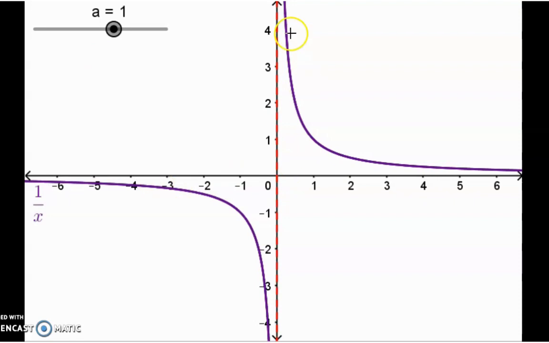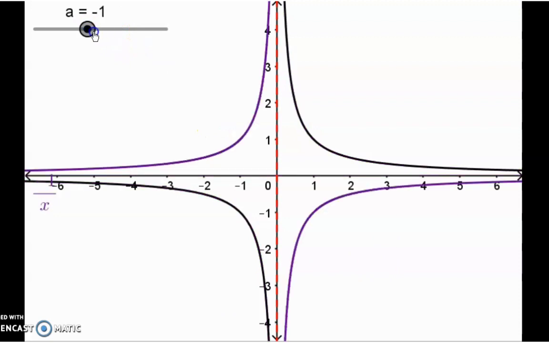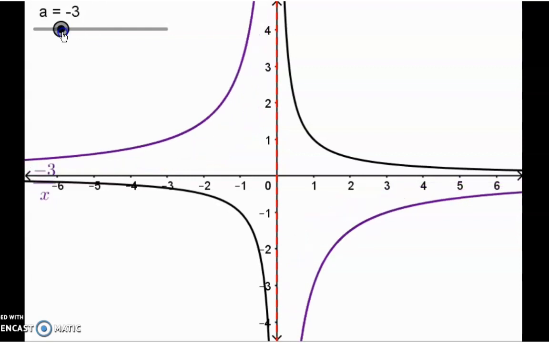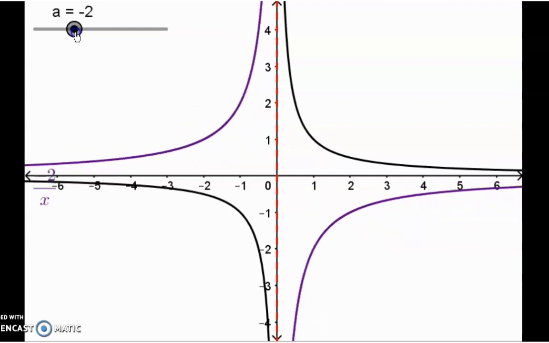This means that the part of the graph that's above the x-axis will be reflected and now be below the x-axis, and the part that's below the x-axis will move to the top. So the negative a value will look like this. And the bigger this value becomes, the further away the graph moves from the axes.